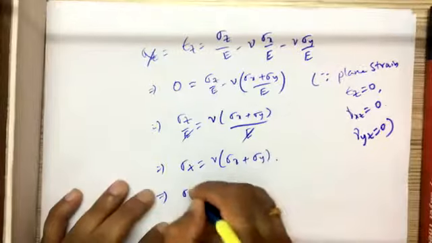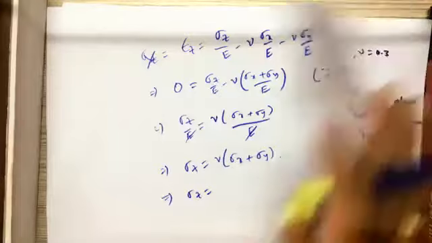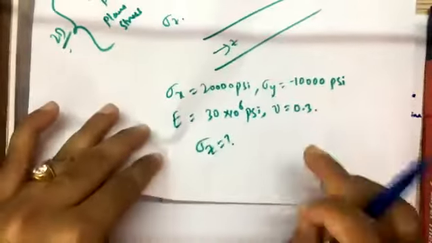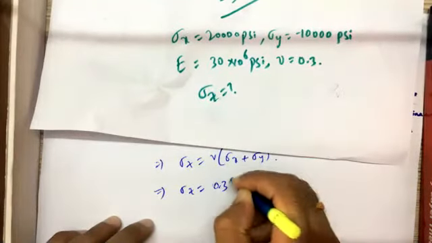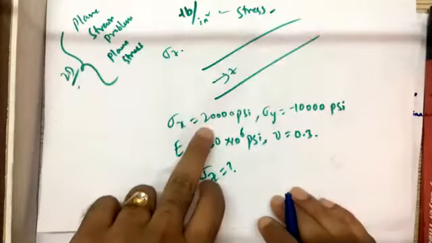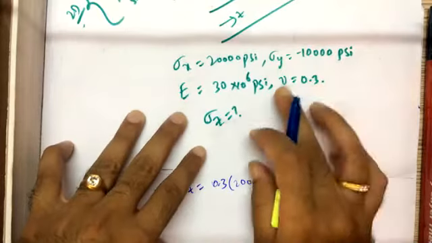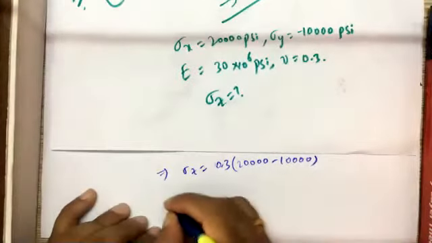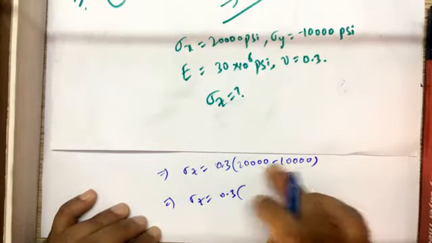So what is sigma z now? What is nu? Poisson's ratio is 0.3. So sigma z is equal to 0.3 into sigma x, which is 20,000, plus sigma y, which is minus 10,000.